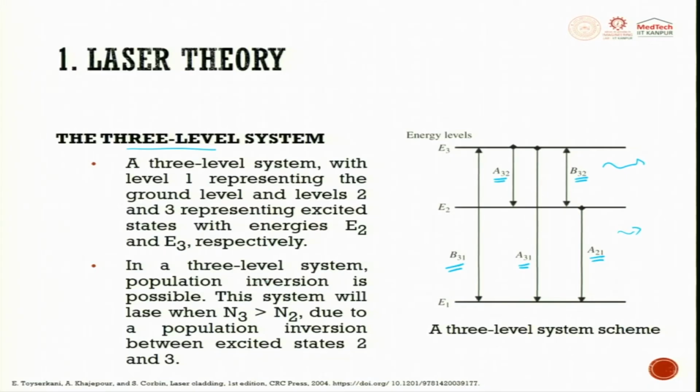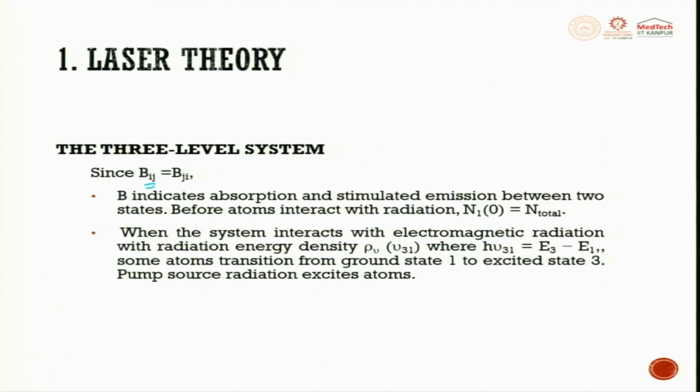In a 3 level system, population inversion is possible. This system will lase when N3 is greater than N2, due to the population inversion between the excited states 2 and 3. Here Bij is equal to Bji; B indicates absorption and stimulated emission between 2 states.